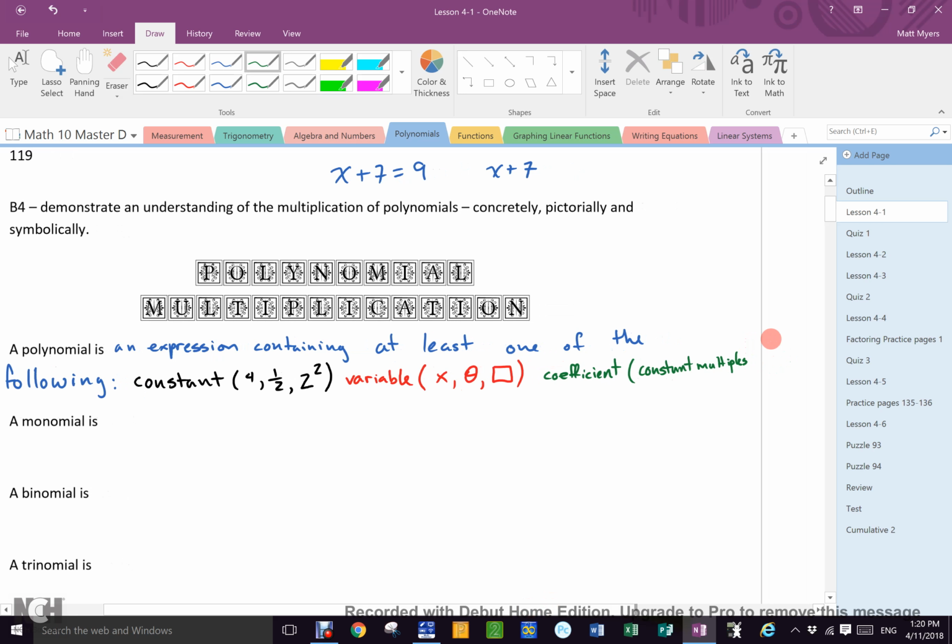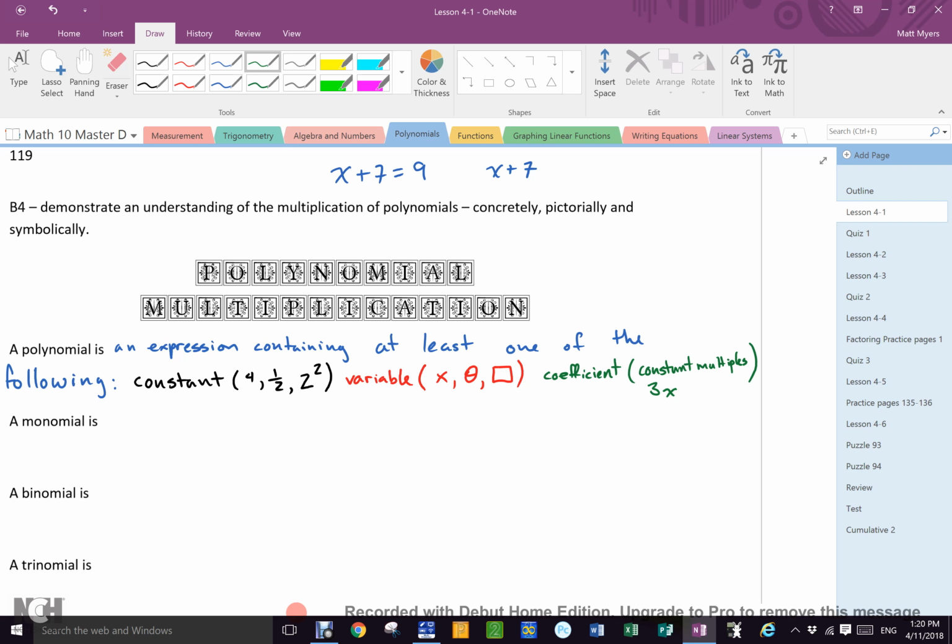So an example of that would be 3x. Everybody cool? If it's got any one of those things, it's a polynomial. It could have all three. Everybody good? All right.